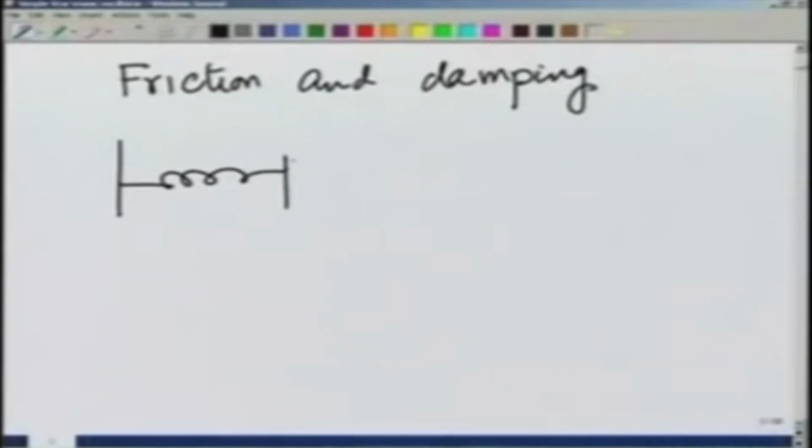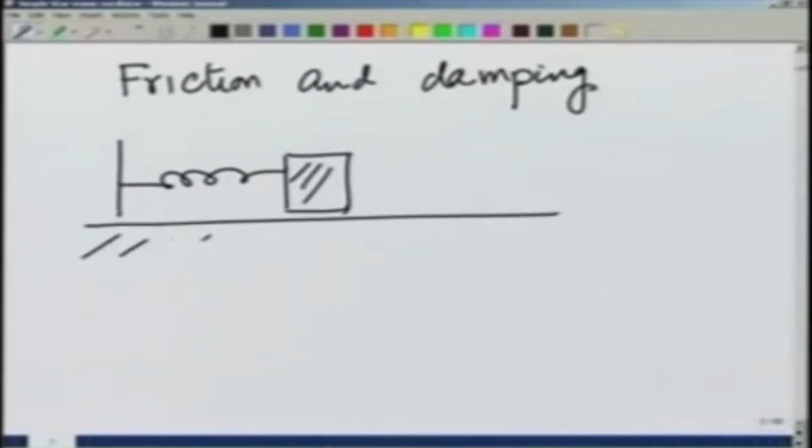So, let us see what happens when I take the system and let there be a frictional force on the block, with magnitude of the frictional force F. Obviously, we know from experience, as the block goes back and forth, it is going to lose energy due to this frictional force and finally come to rest. How does that happen? Let us see that.